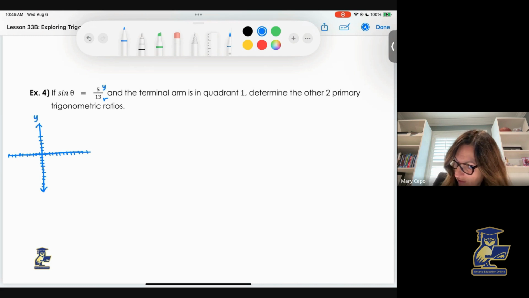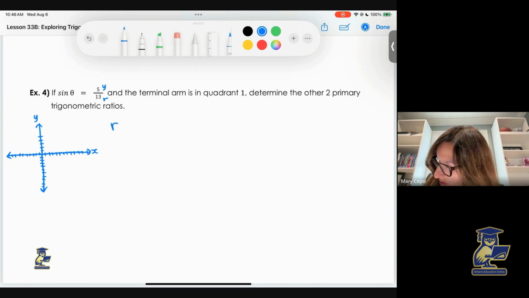Again, it's very, very critical to have a sketch of where your principal angle would be, and that way we can calculate the related acute angle quickly. We used the Pythagorean theorem when we had the x and y coordinates, but likewise, if in the ratio we're given the y coordinate and the radius, we can use the Pythagorean theorem to figure out the unknown coordinate.